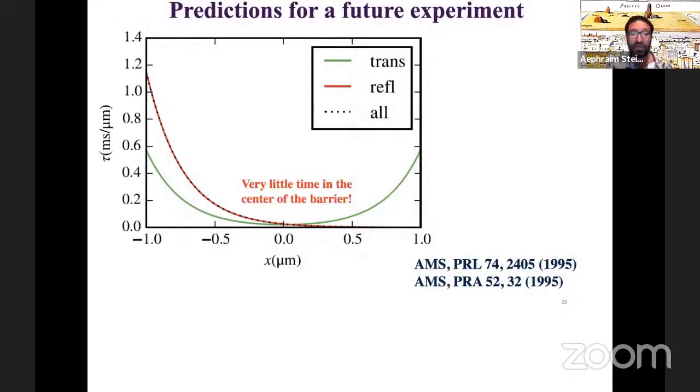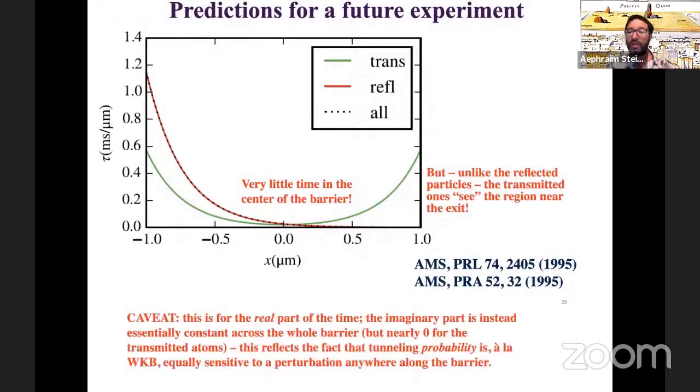There's one caveat I'll mention, which is that here I'm only plotting the real part of the time, the in-plane precession, because I think that's really the right one to be asking about when you ask how much time did it spend. However, we've also calculated the imaginary part, and you find it's essentially constant across the whole barrier.